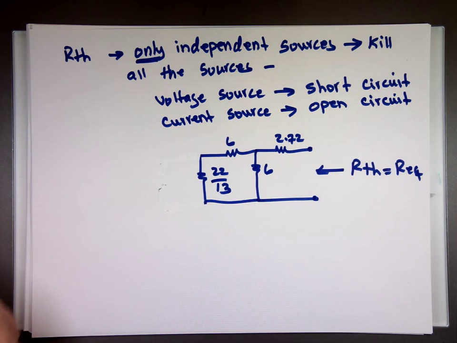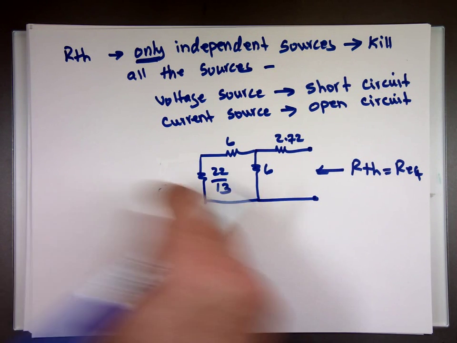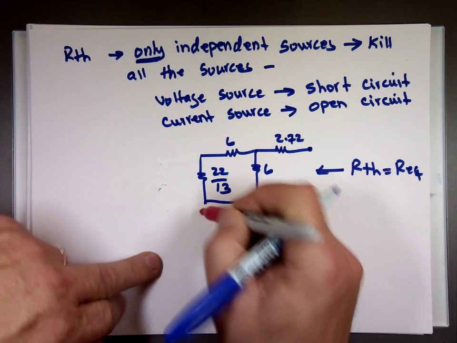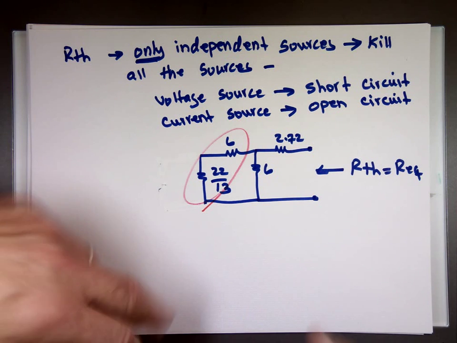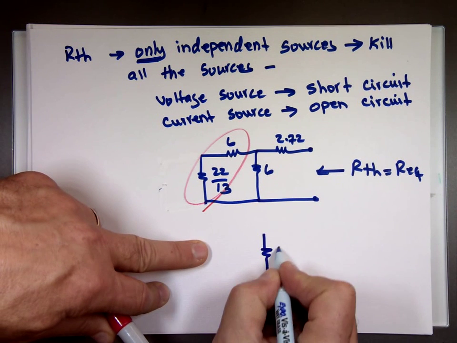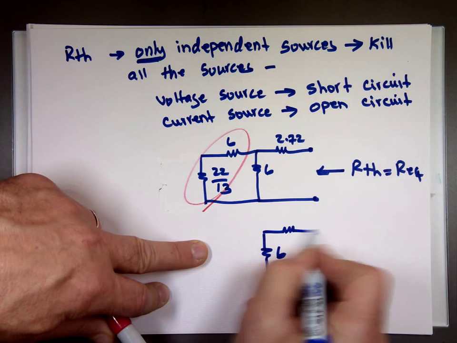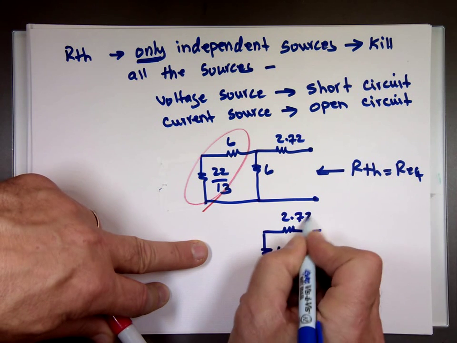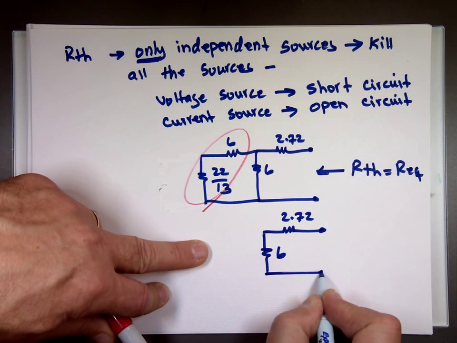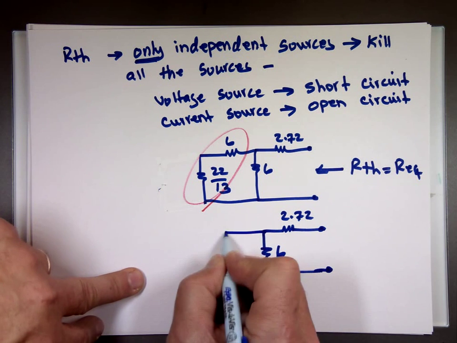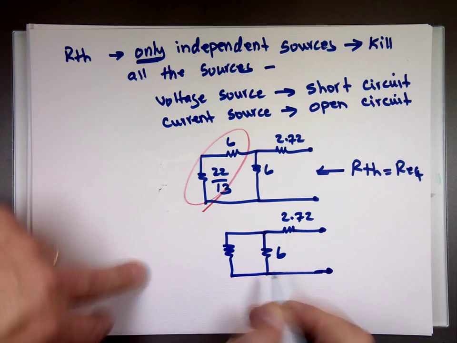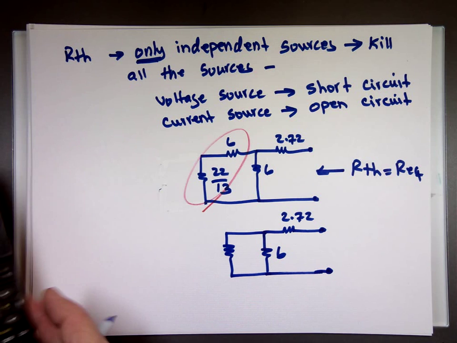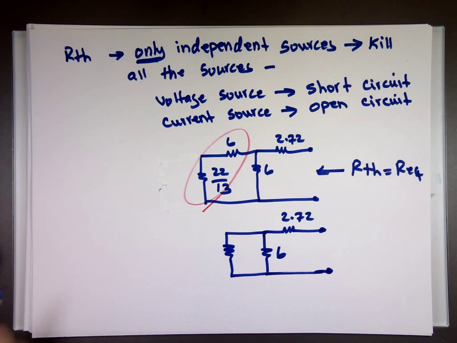Definitely in series. So the equivalent of them is going to be the sum of them. So let's go ahead and add them. 6 plus 22 divided by 13. 7.69.